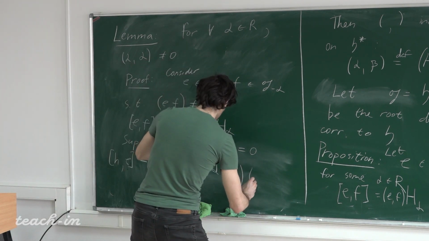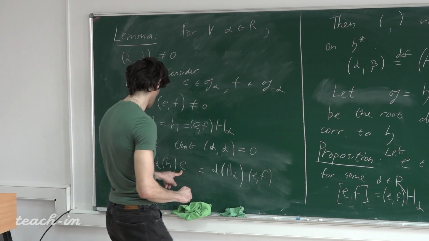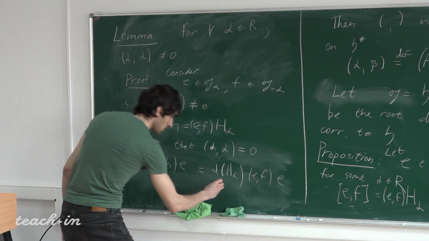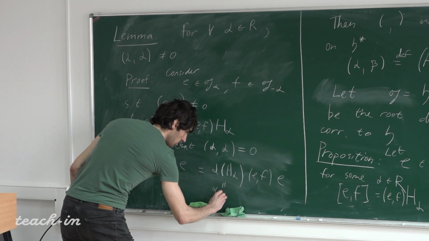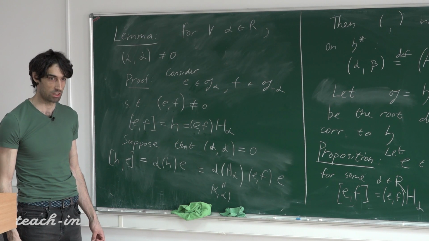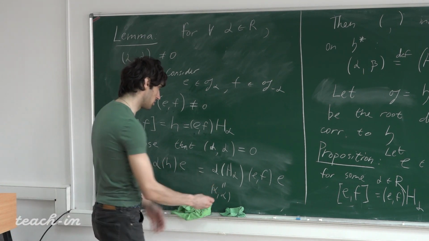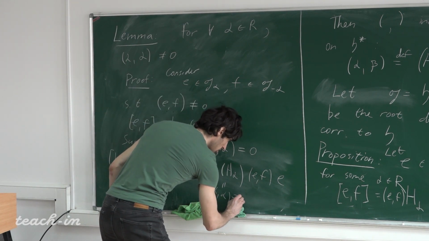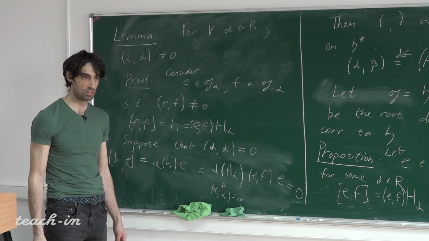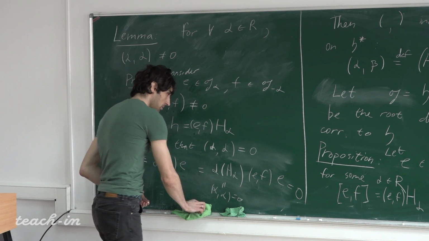So let me write this down: EF, and then E. This guy is the form of alpha with itself, just by definition of H alpha. Therefore, it's 0. So the whole thing is 0. So H commutes with E, if I have this assumption.